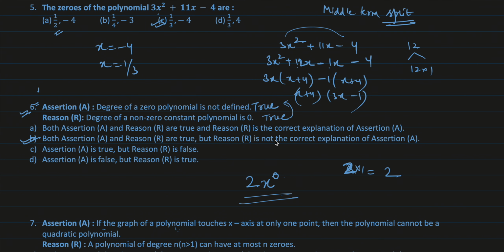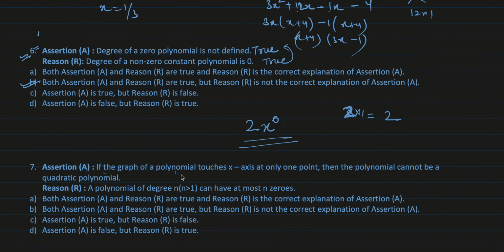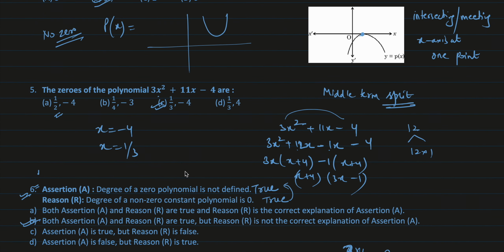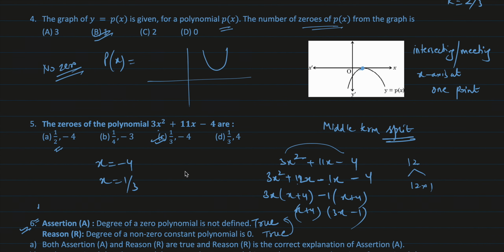Okay. Now let's move to the seventh question, which is also an assertion reason question. Let's read it again. Assertion: if the graph of the polynomial touches the x-axis at only one point, then the polynomial cannot be a quadratic polynomial. We have just done this question where the graph was touching only at one point. But it is a quadratic polynomial.